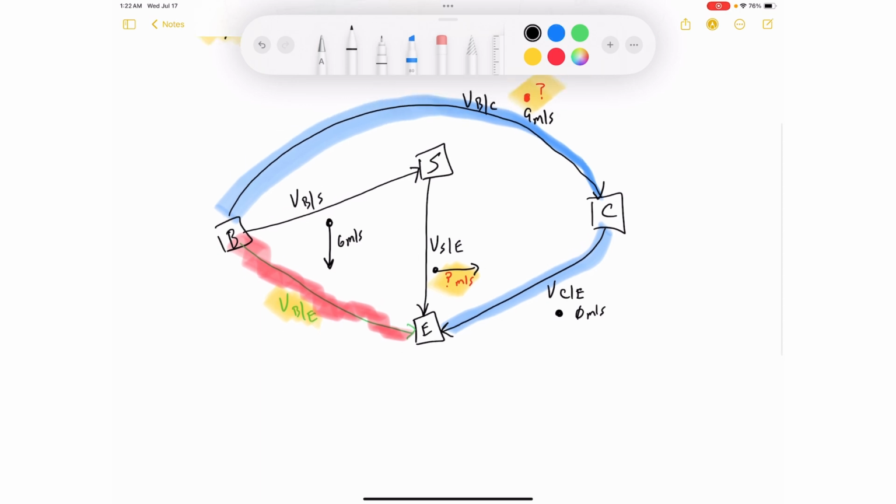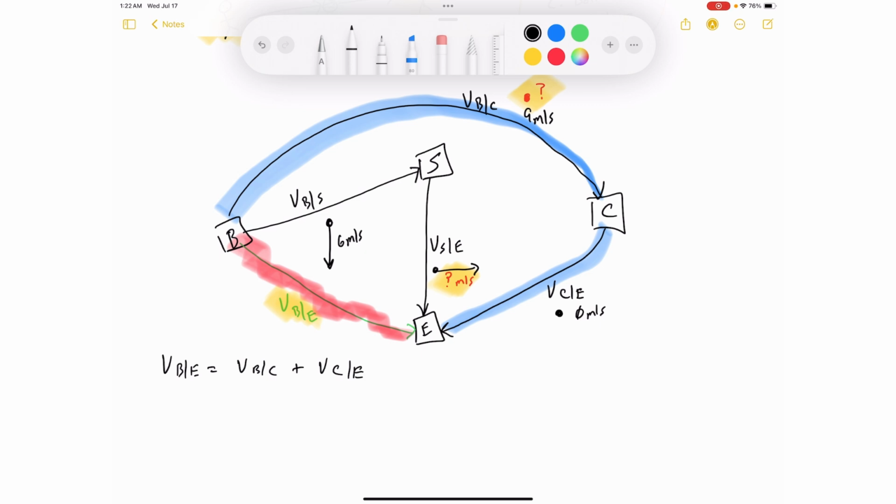So the velocity of the ball relative to Earth is equal to the velocity of the ball relative to the catcher plus the velocity of the catcher relative to the Earth.